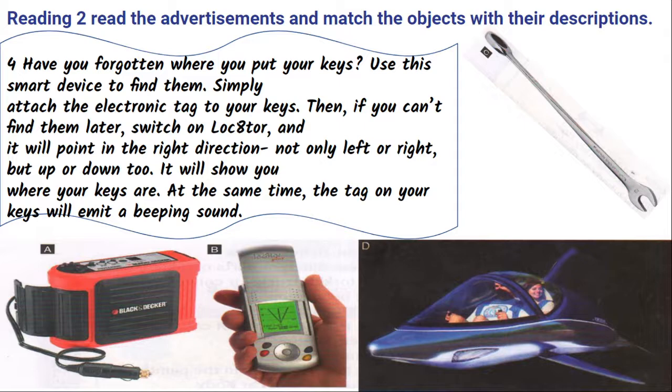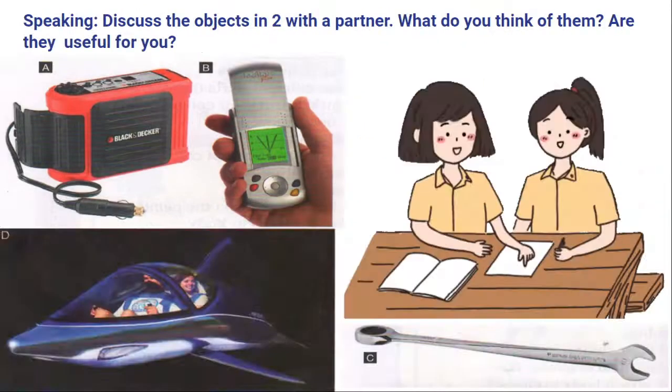It will show you where your keys are. At the same time, the tag on your keys will emit a beeping sound. So here we are talking about a locator that helps you find your missing keys. And we are talking about the device illustrated in picture B.